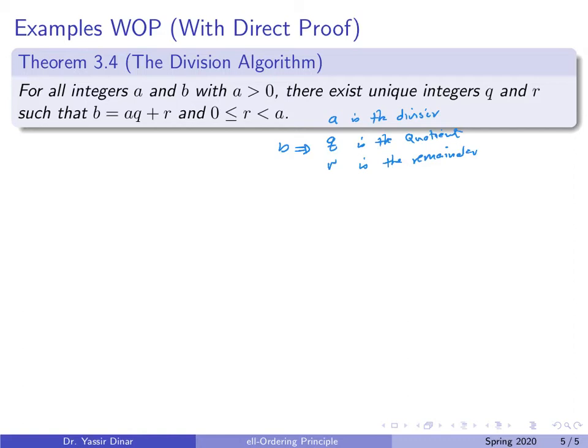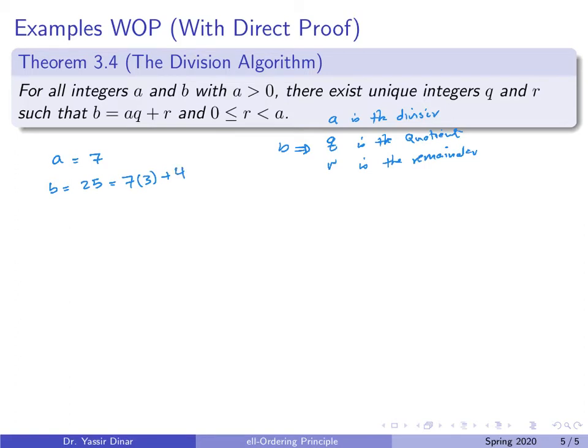Let's take, for example, A equal to 7, which is greater than 1, and let's take B equal to 25, which, using the divisor 7, can be written as 7 multiplied by 3 plus 4.